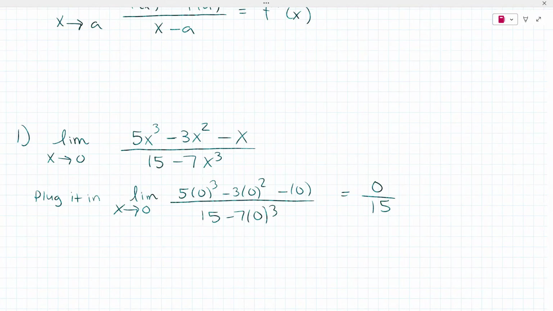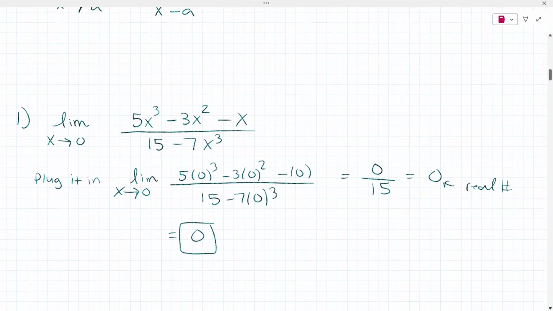It's actually 0, which is a real number, which is good. So it works. If you plug it in and you get a real number, your limit is 0. Sometimes just plugging it in, you can get away with it.